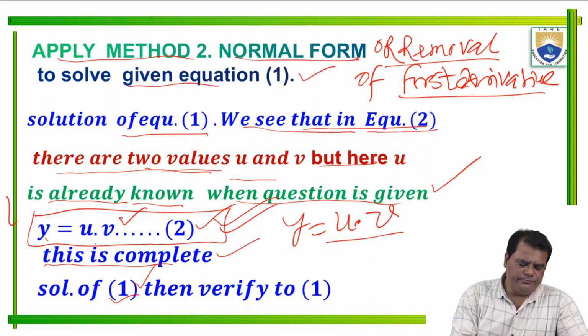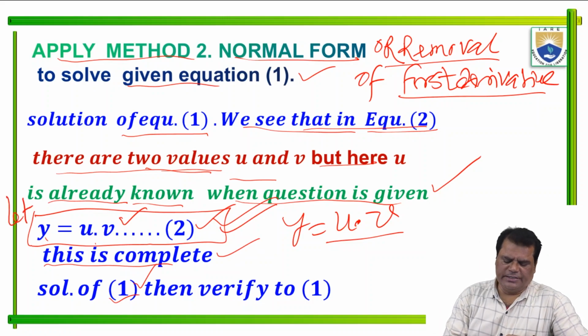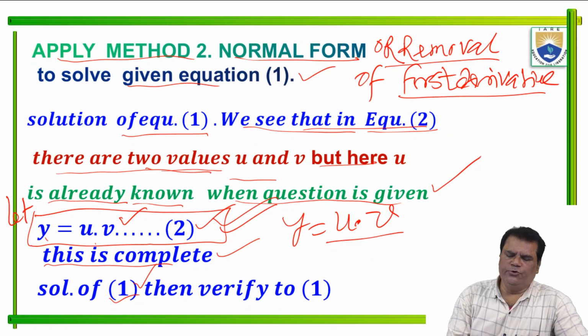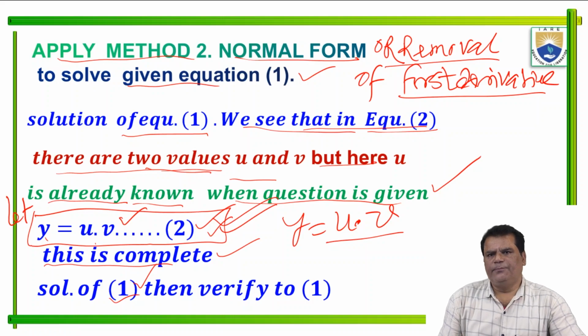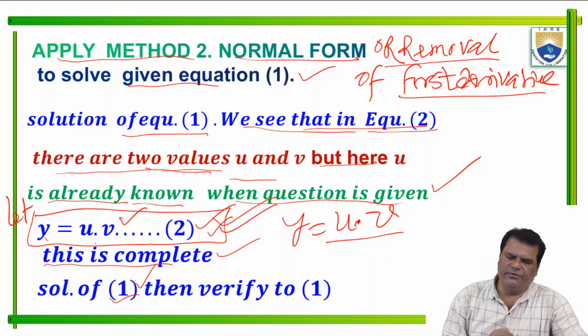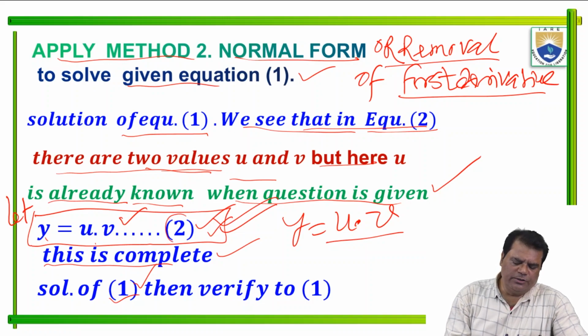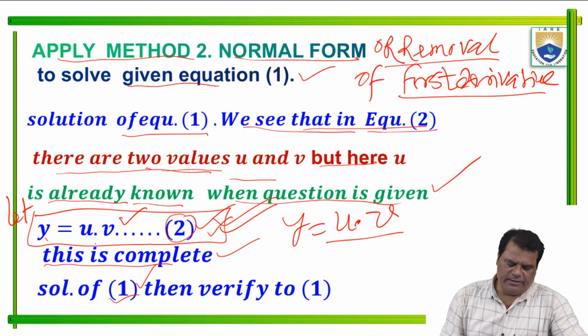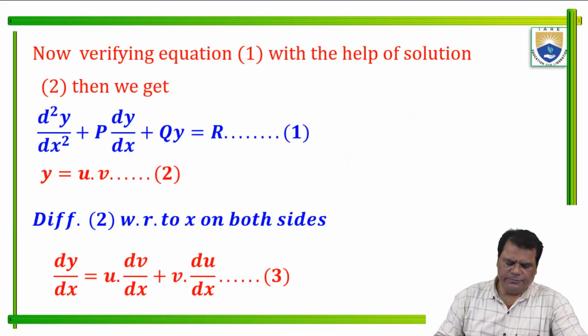Let us consider this. Y equal to uv, this is equation 2, and equation 2 is the complete solution of equation 1. So here let us consider the solution. If equation 2 is the complete solution of 1, then it must verify equation 1.